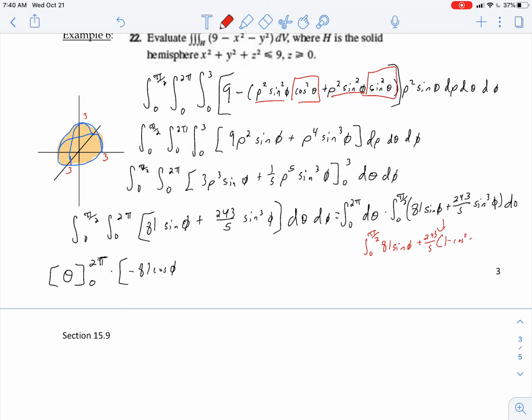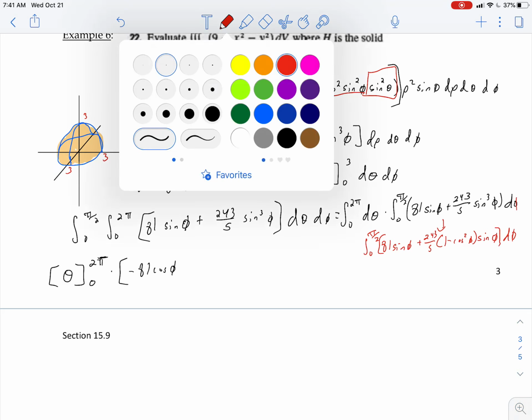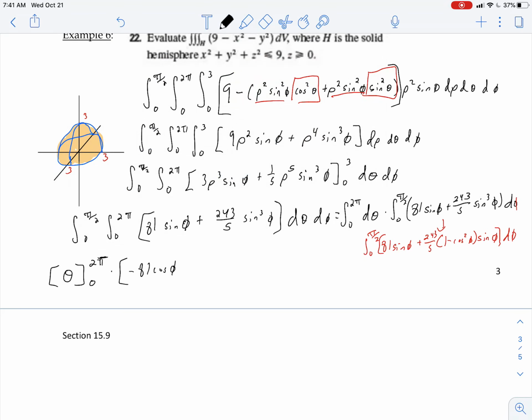I'm going to rewrite that as sine squared phi times sine phi. So I can integrate this, and sine squared phi is just another way of saying 1 minus cosine squared phi, times sine of phi. Again, d phi.